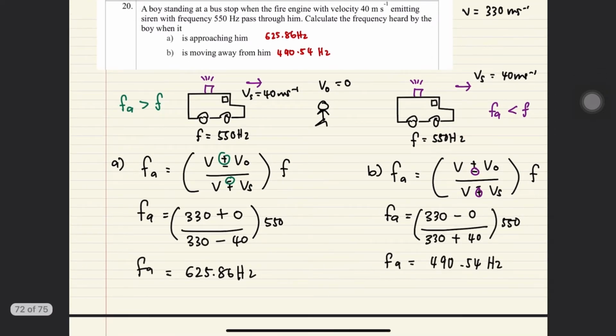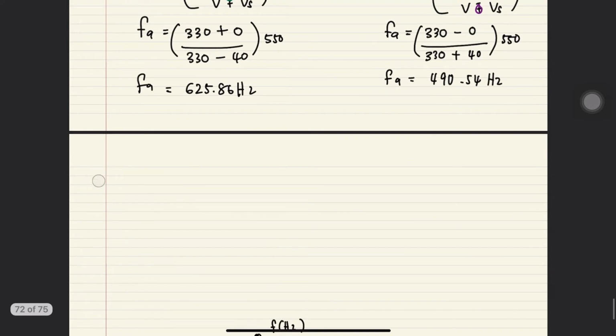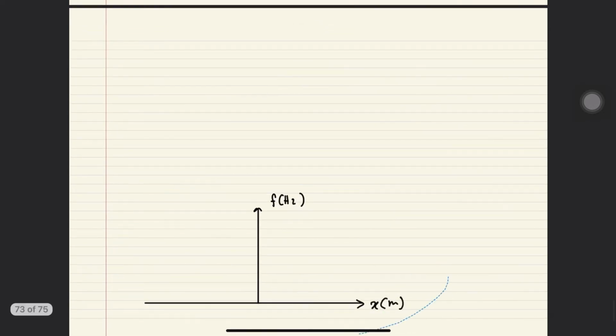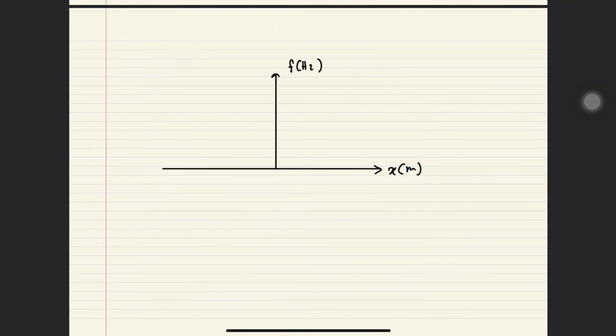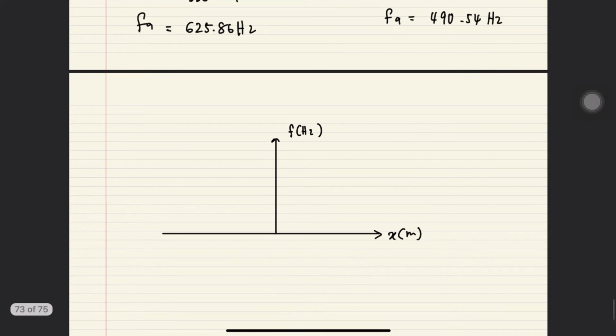Okay, let's say if the question asks you to draw a graph. So in this case, they didn't ask, but let's say if they ask, if you want to draw, first of all, you draw the axis like this. Okay, I draw it already. And then just label the three frequency that you have. Okay, the higher one, the F, and then the lower one.